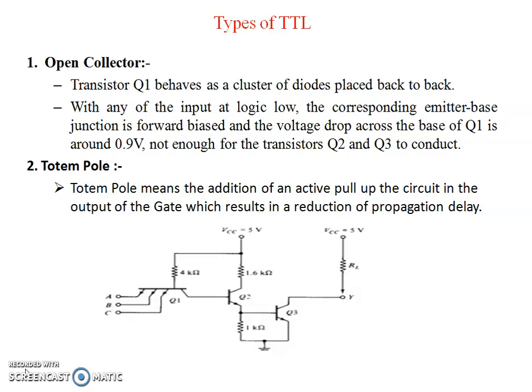The logic operation is the same as the open collector output. The use of transistor Q4 and a diode is to provide quick charging and discharging across Q3, and the resistor is used to keep the output current at a safe value.